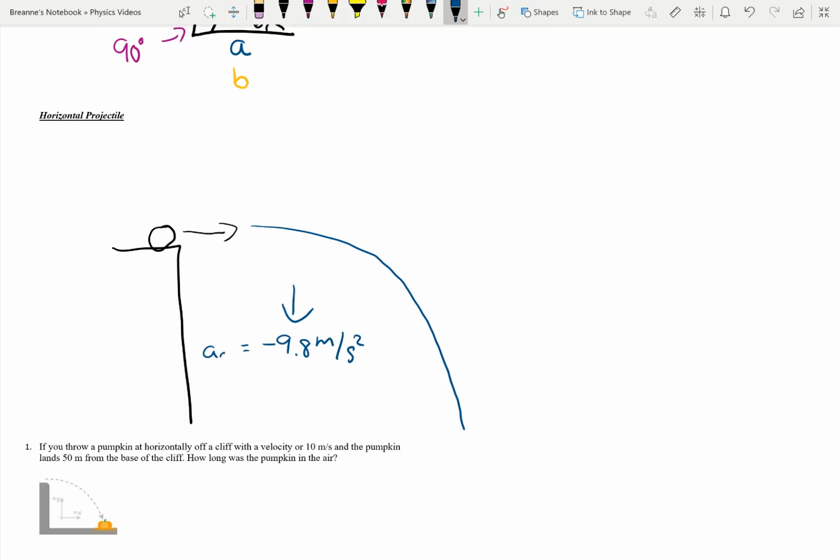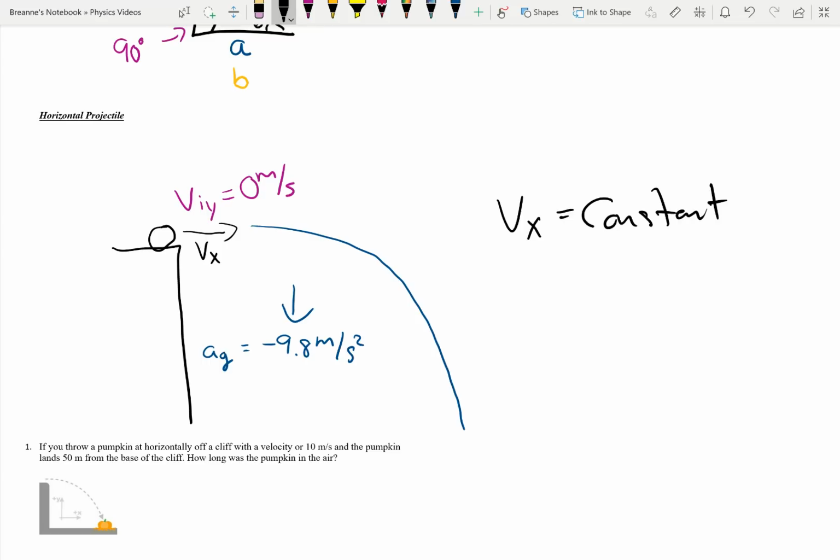That is your acceleration due to gravity. That is always constant. That is always going down. That's why it's negative. Now, your initial vertical velocity is 0 because at the beginning, it's just traveling in the x direction.